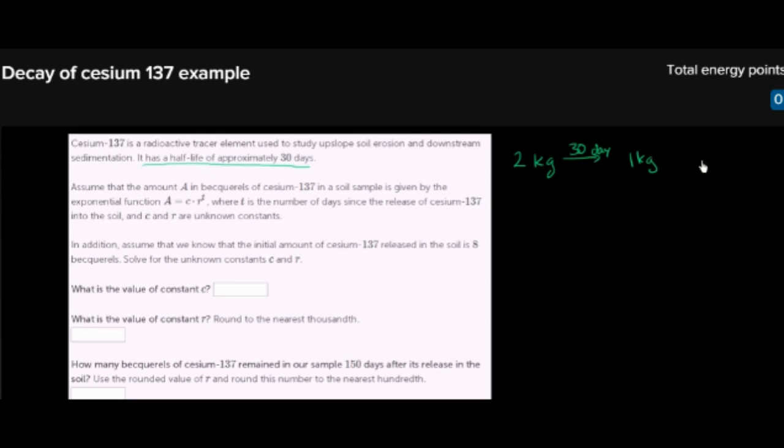If you waited another 30 days, you would have half a kilogram of cesium-137. Assume that the amount A in becquerels of cesium-137 in a soil sample is given by the exponential function A is equal to C times R to the T, where T is the number of days since the release of cesium-137 into the soil, and C and R are unknown constants.